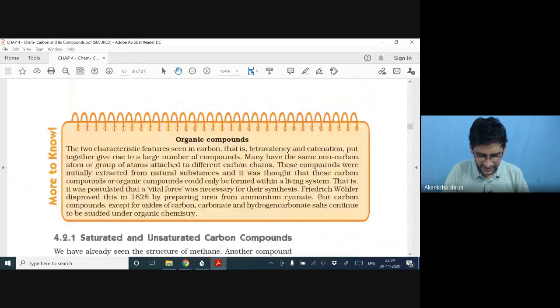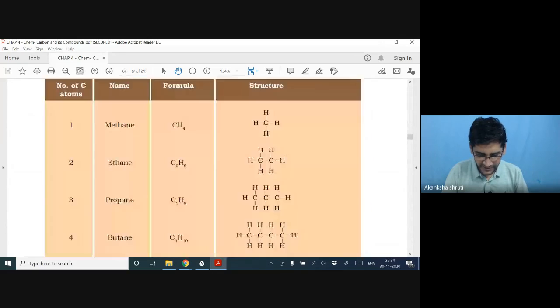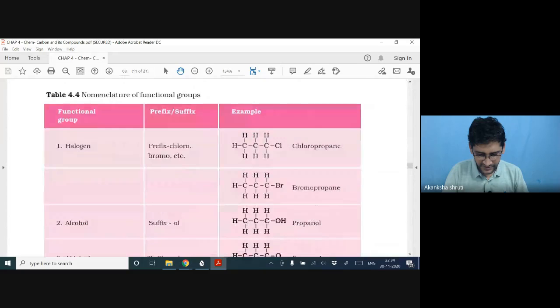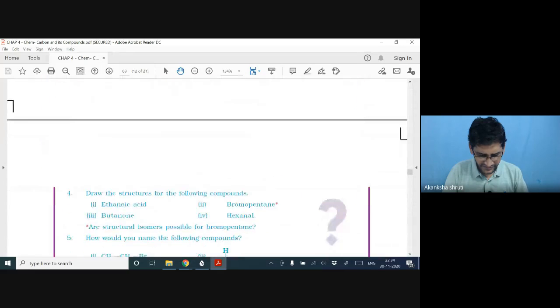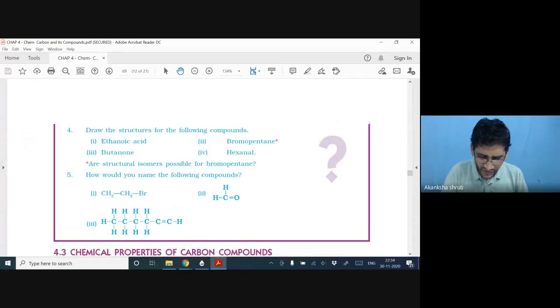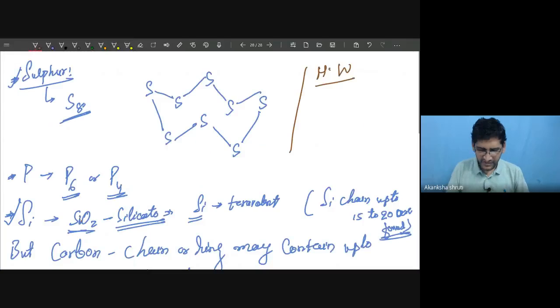Already we have done this. For possible structures, though we will discuss this thing later, nomenclature I have not taught, so right now just giving the name becomes difficult.